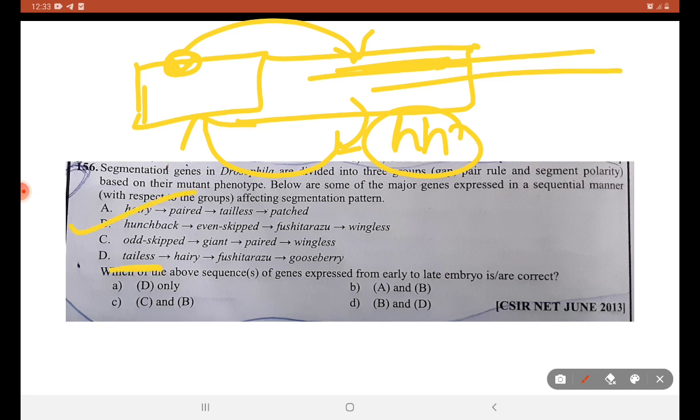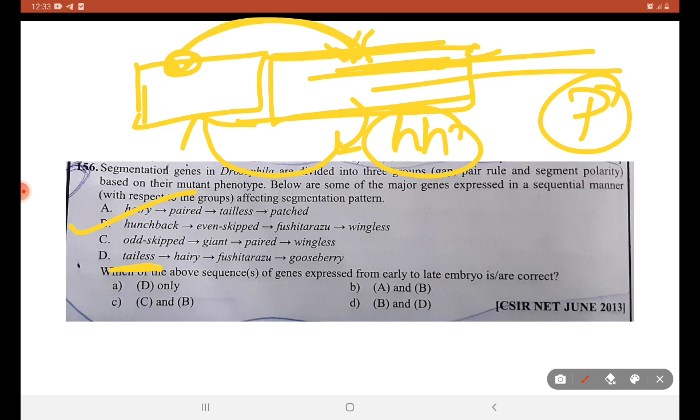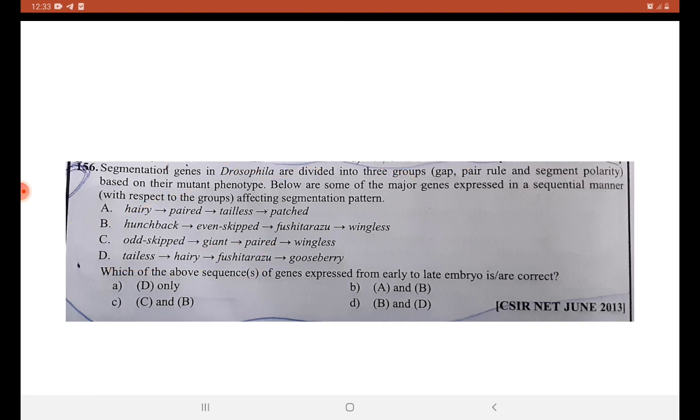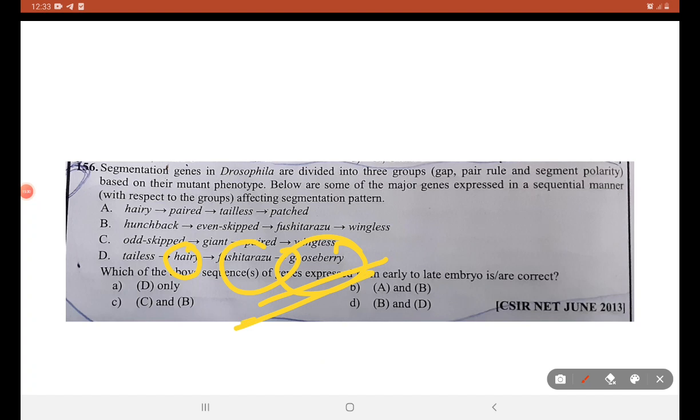The other time, tailless, which is the posterior segment, induces hairy and fushi tarazu. They are stimulated by wingless. So again, hairy and fushi tarazu are stimulated. Gooseberry is dorsal. It gives rise to dorsal protein.